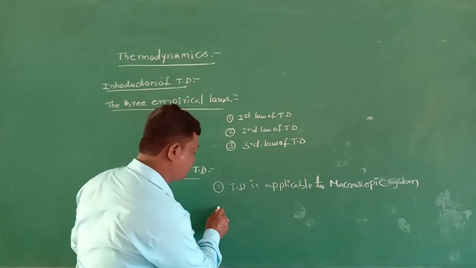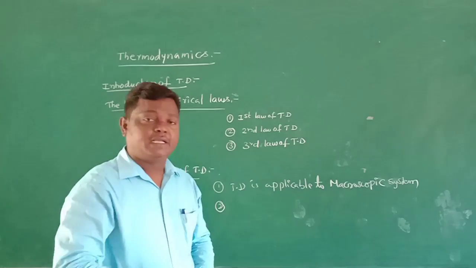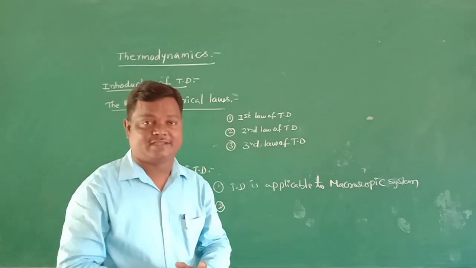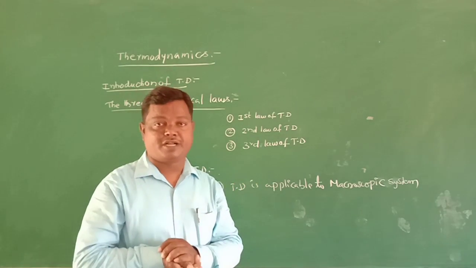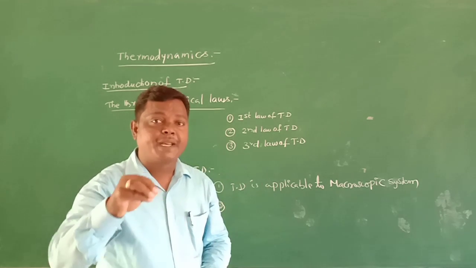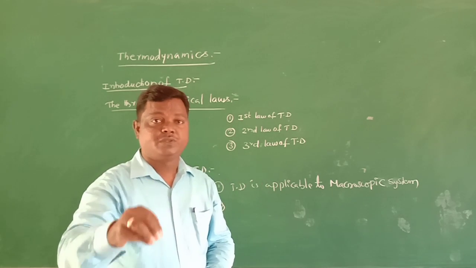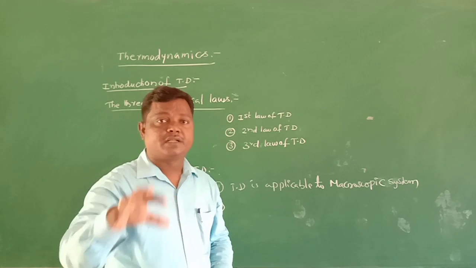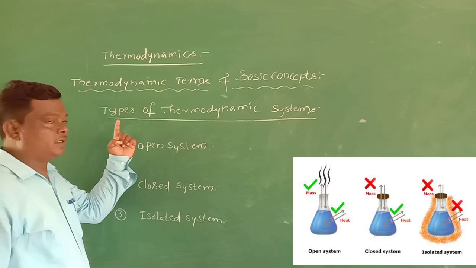The next limitation is that there is no time factor in thermodynamics. It is based only on whether the system has attained equilibrium. So these are the limitations of thermodynamics.